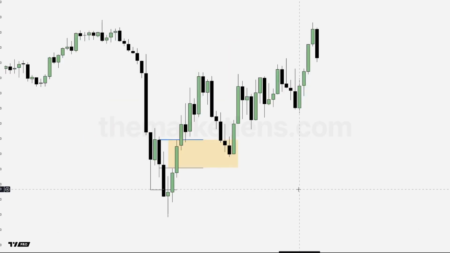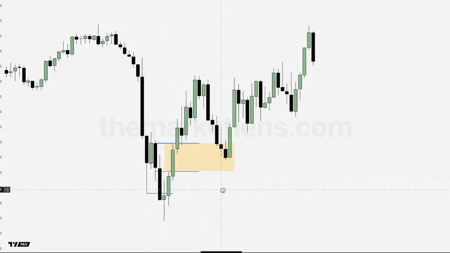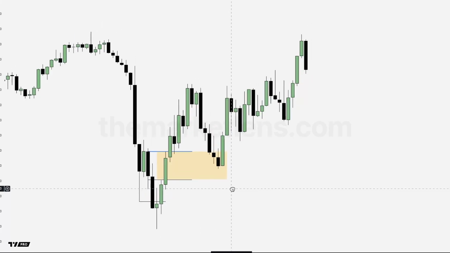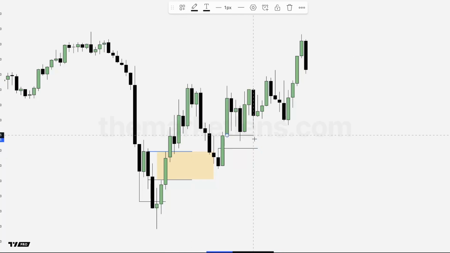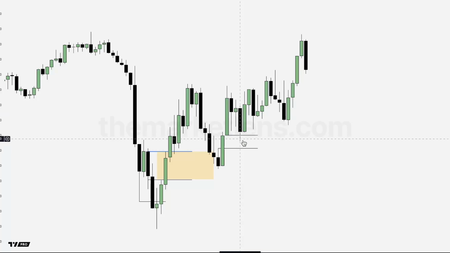Now, as we dig a bit deeper in here, you can see this is formed off of a swing low. What is the other point of interest we could be looking for? We could be looking for a fair value gap. So if you notice, we have a fair value gap right here. So marking that out, you can see price reaches into a fair value gap, which is a point of interest. You can see this is aligning with the trend higher.